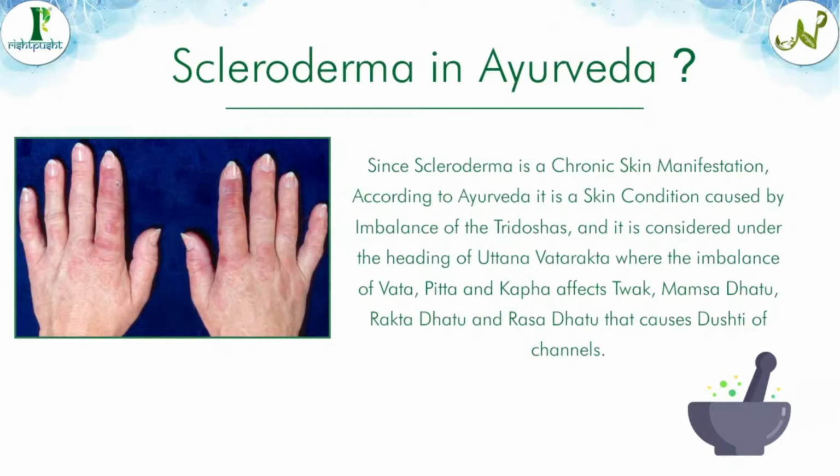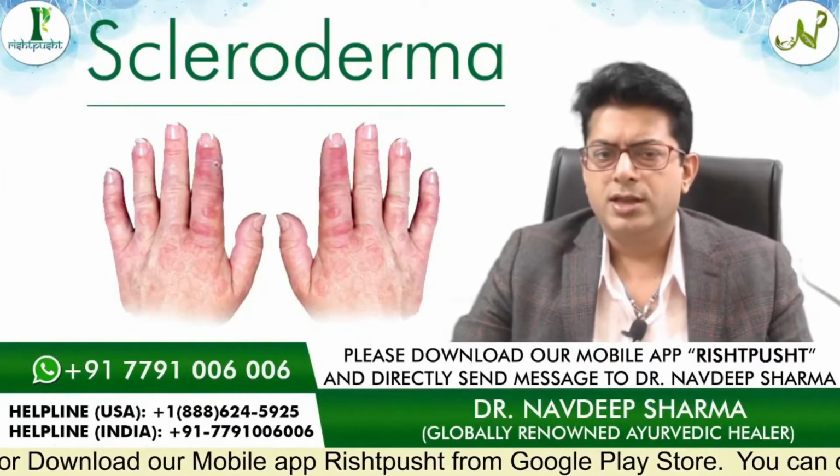In gouty arthritis, it is said that the person is suffering from Vat Rakt. The uric acid increases, there are various problems that the person feels, and when Vat Rakt is there in the superficial tissues, in Ayurveda it is known as Utan Vat Rakt, and that is why the symptoms are very much similar to Scleroderma.